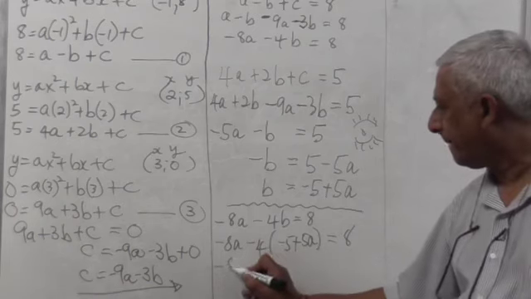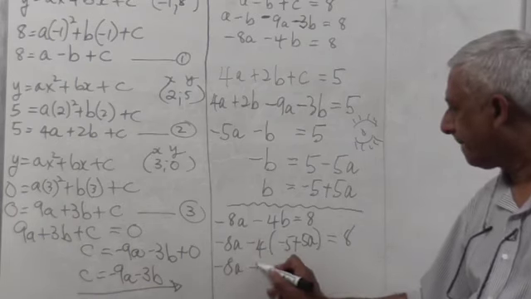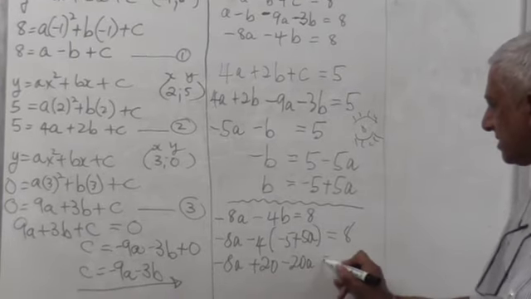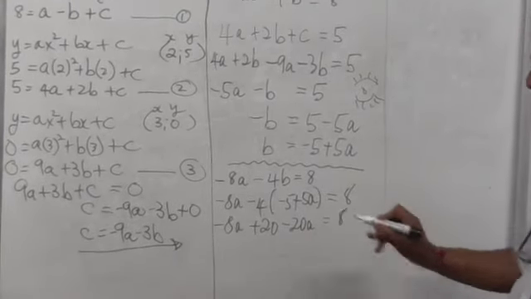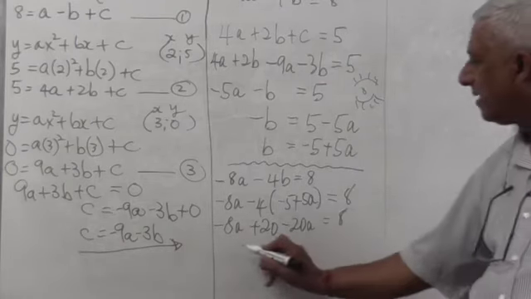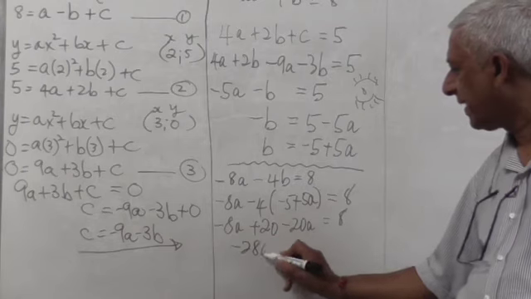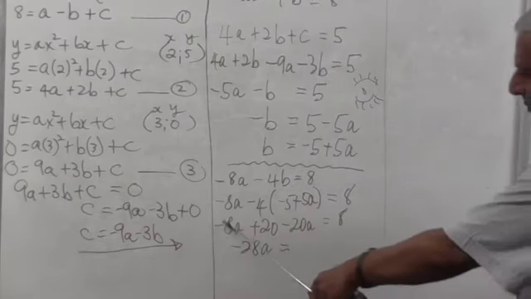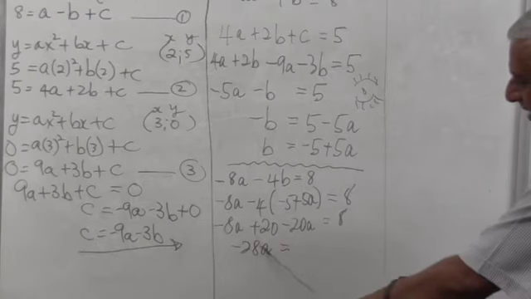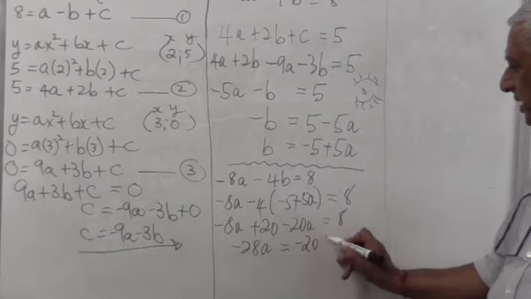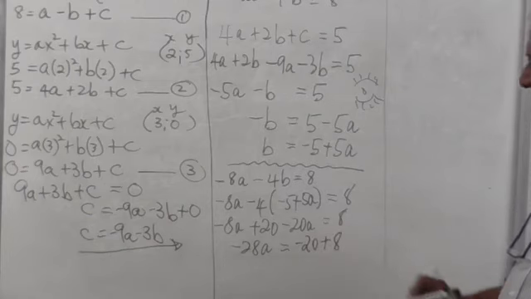That will give you minus 8a plus 20 minus 20a is equal to 8. That will give you minus 28a. Minus 28a is equal to minus 8 minus 20. This 20 will come this side. So you'll have minus 20 plus 8.